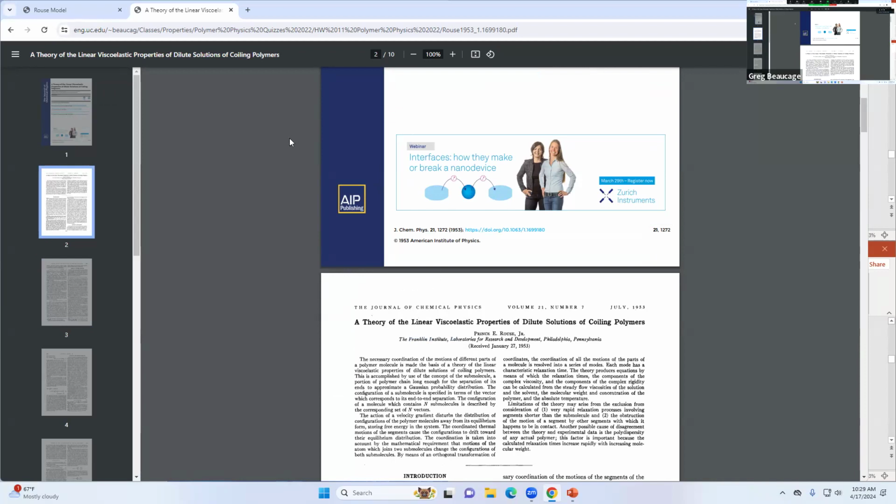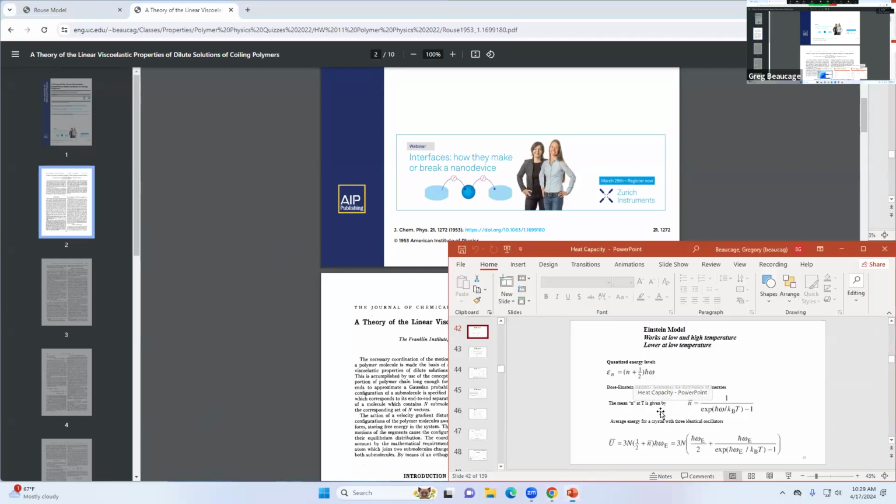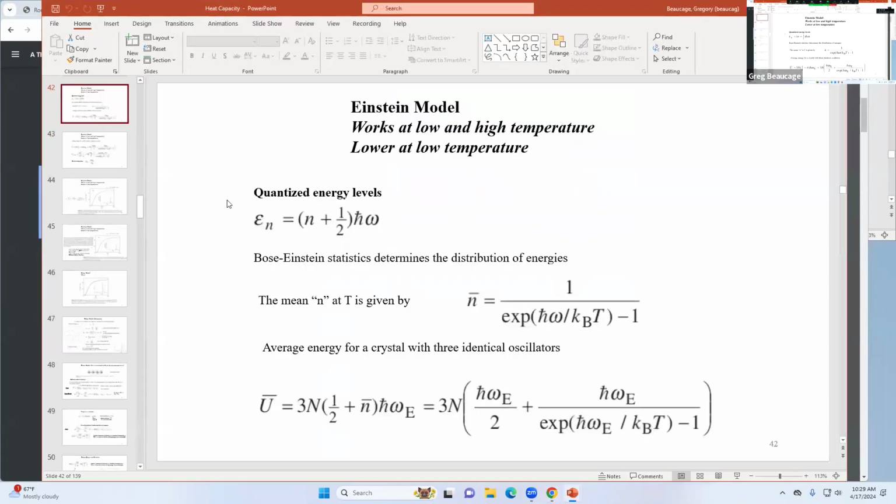So the weird thing is that his entire approach is based on this Einstein heat capacity model from 1912. In materials, heat capacity is one of the main topics for thermodynamics.